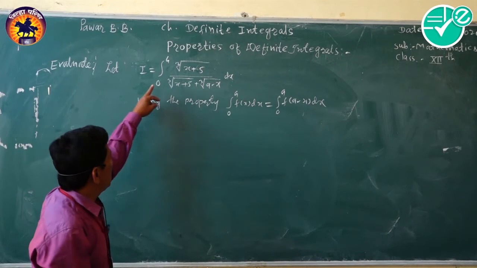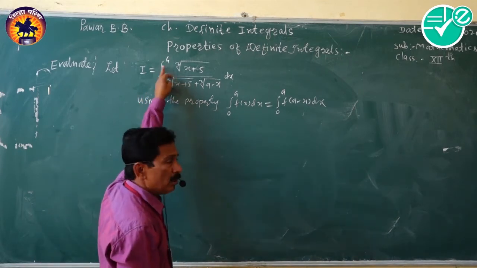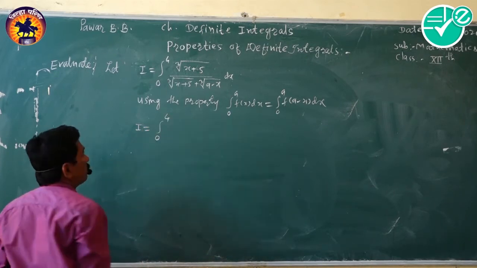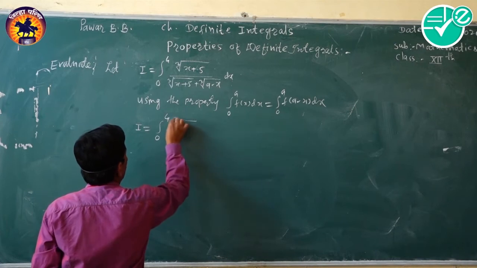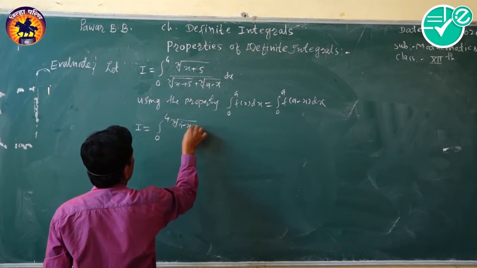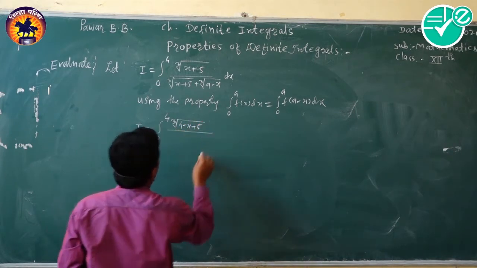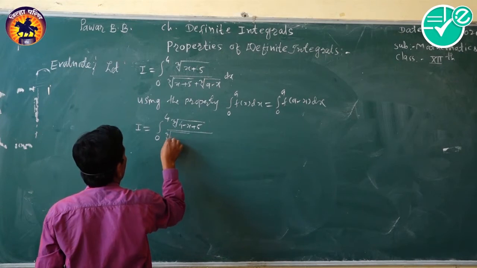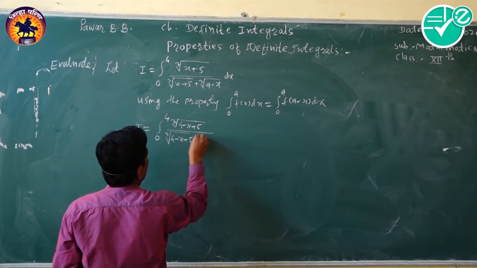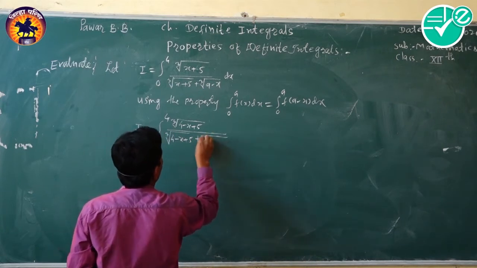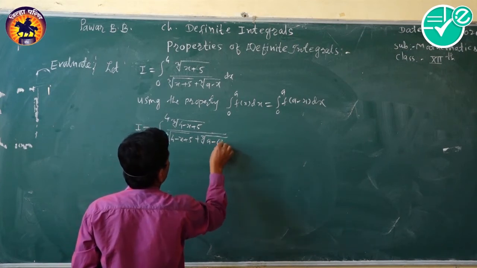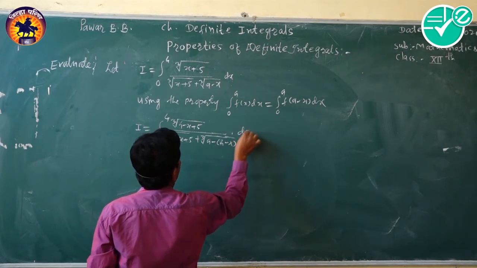Now in this integral the value of a is 4, therefore I is equal to integration from 0 to 4 cube root of, in place of x we have to put a minus x, that is 4 minus x plus 5 divided by cube root of this 4 minus x plus 5 plus cube root of 9 minus in bracket 4 minus x dx.